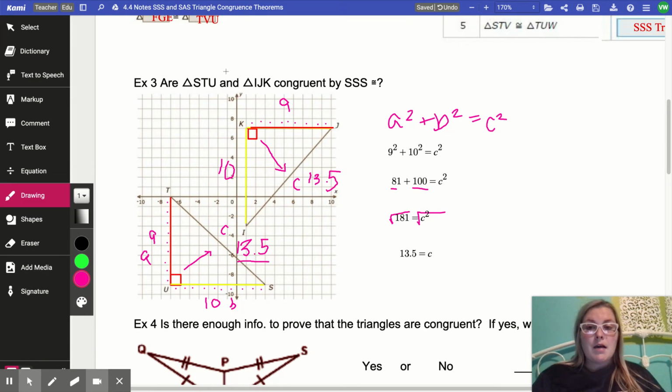And yep, triangle STU is going to be congruent to triangle IJK because TU is congruent to KJ, because US is congruent to KI, and lastly because TS is congruent to IJ. So these two triangles are congruent by side, side, side.